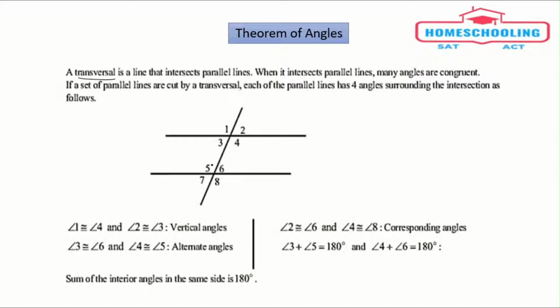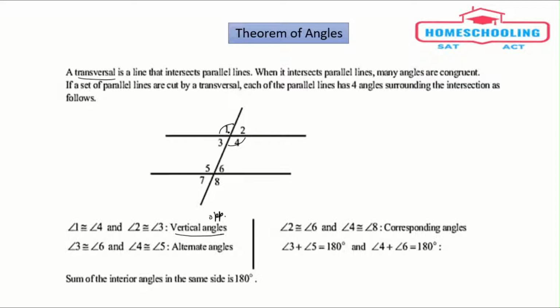So there are some properties of these angles which we have to learn. First we will see vertical angle, or we can also call it vertically opposite angle. So what are vertically opposite angles? Like this, angle 1 and angle 4.